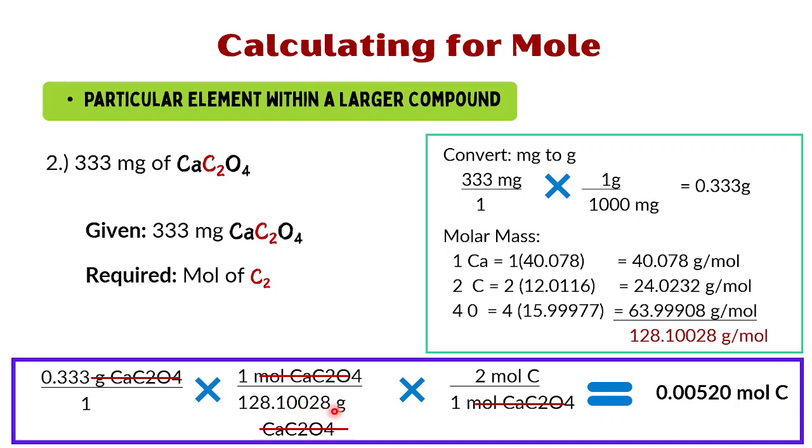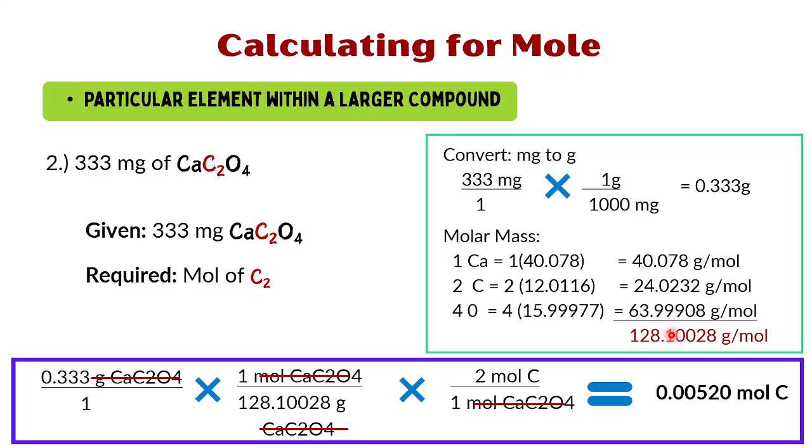Okay, we are not after determining the grams. We are after the mole of the specific element, carbon. So, here, this means that for every 1 mole of calcium oxalate, there is 128.128 grams.